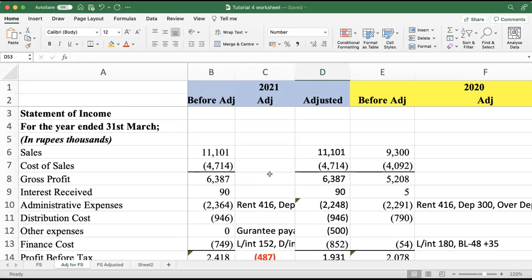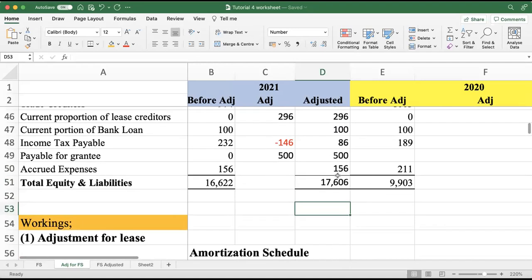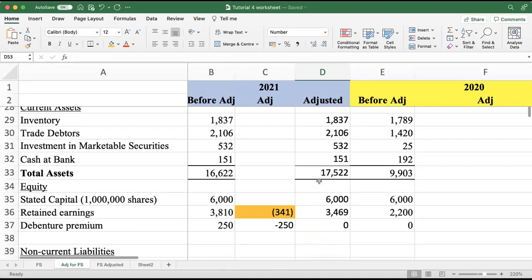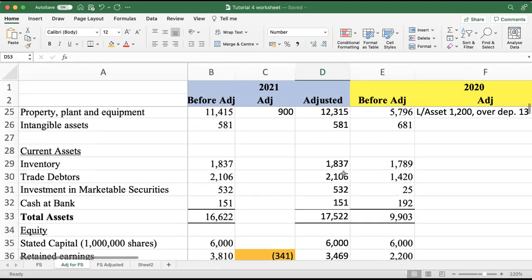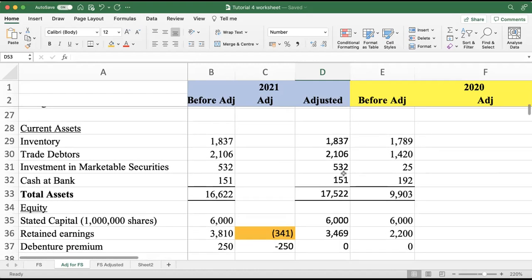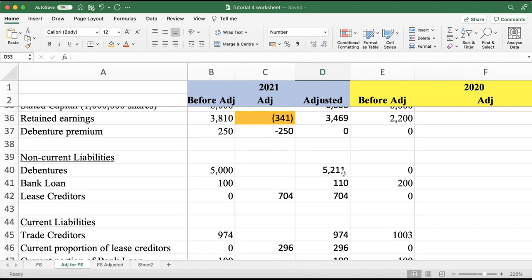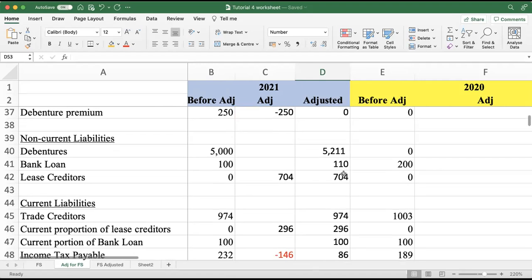So you can check again the adjustments. But remember, for your analysis, these two are not necessarily equal, because here we don't pass any double entries. So we have adjusted our financial statement to make the values suitable for the analysis.